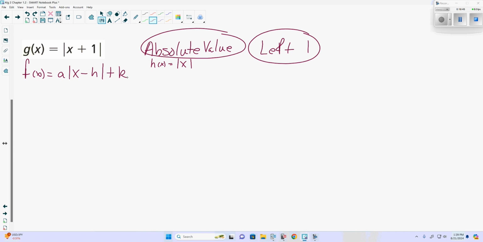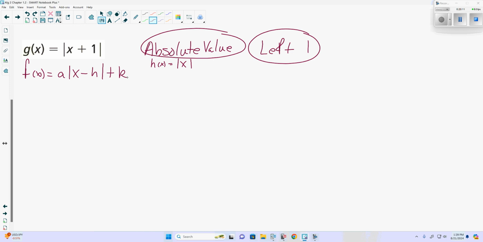Now in the general form for this here, we have a times the absolute value of x minus h plus k. Is there a value for k? Well, no, there's nothing being added outside. So it's not moving up or down. There is no up or down movement. And again, we haven't talked about A, and there is no A value. There's no transformation there. So the one that we have is H, yes?